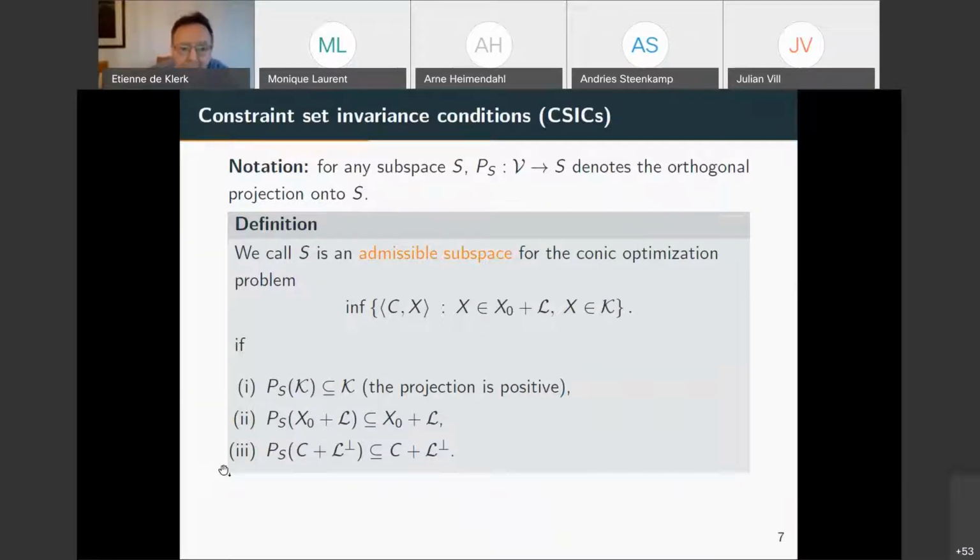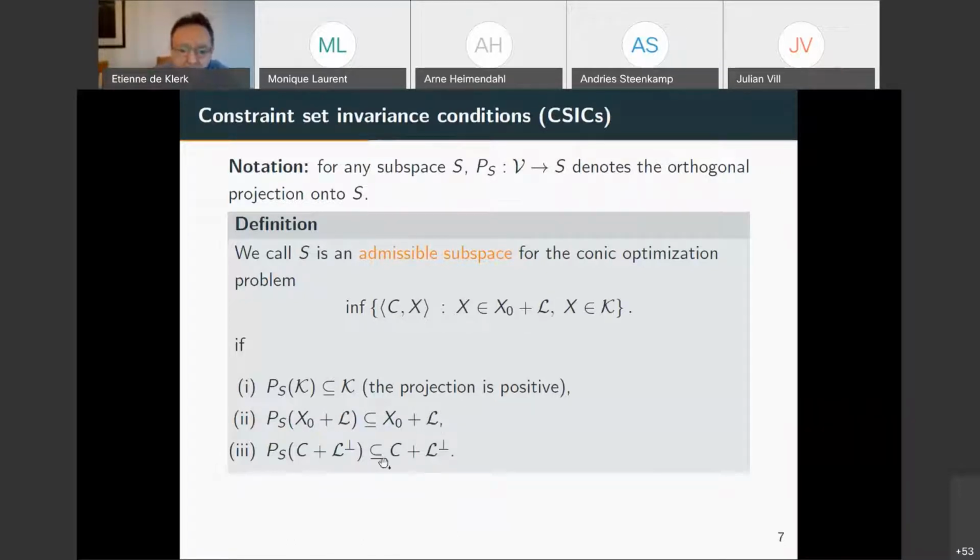And the conditions are as follows. First of all, the orthogonal projection onto S must map the cone K into itself. This is sometimes called the cone positivity condition of the projection. The second thing is it must also map the affine subspace x0 plus L into itself.